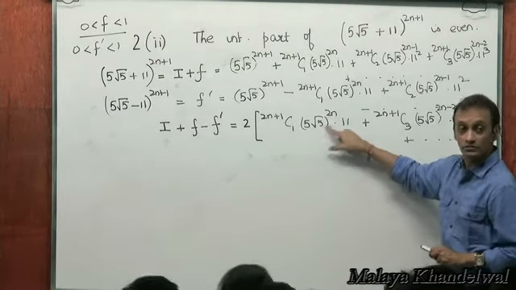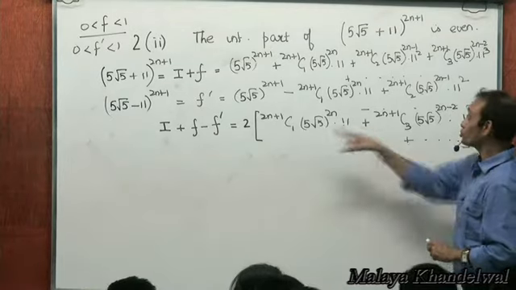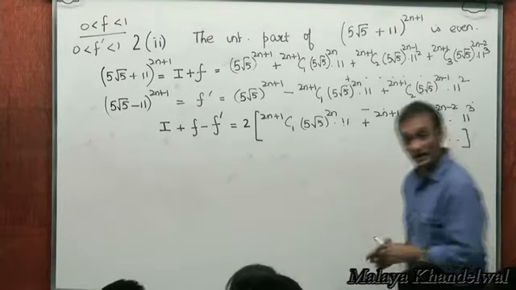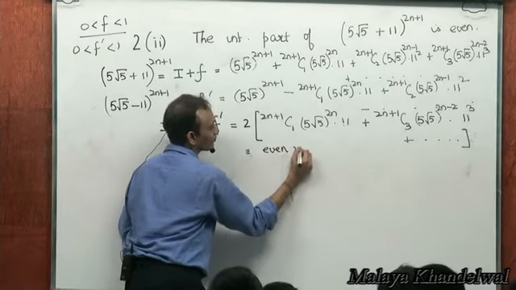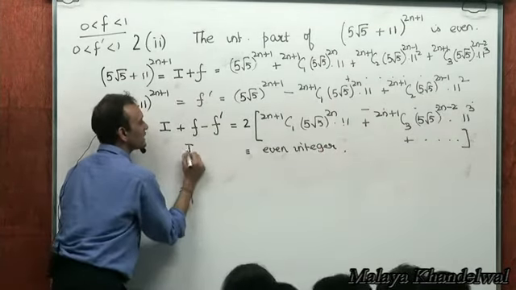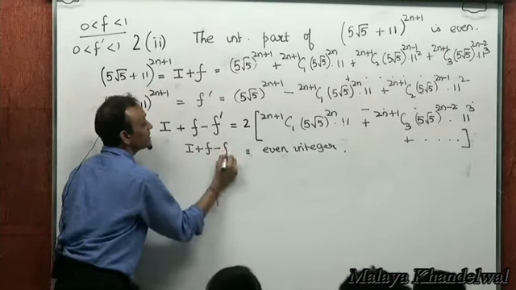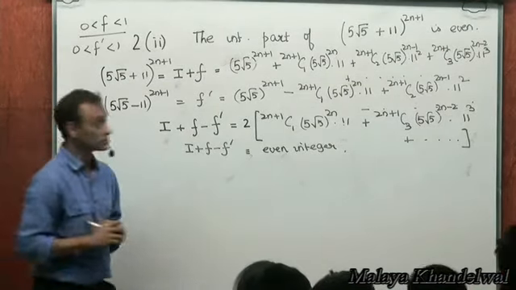This is an integer, integer, integer. So this is twice an integer, so an even integer. So I plus f minus f prime is an even integer, right?